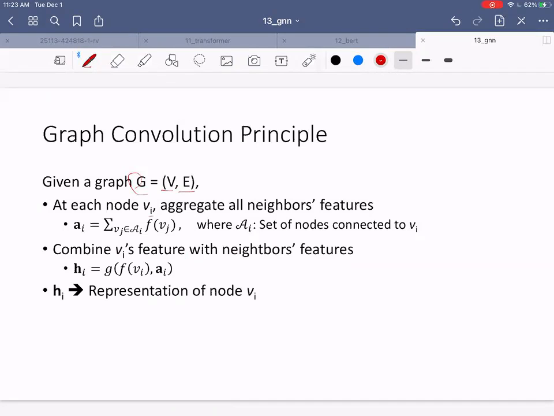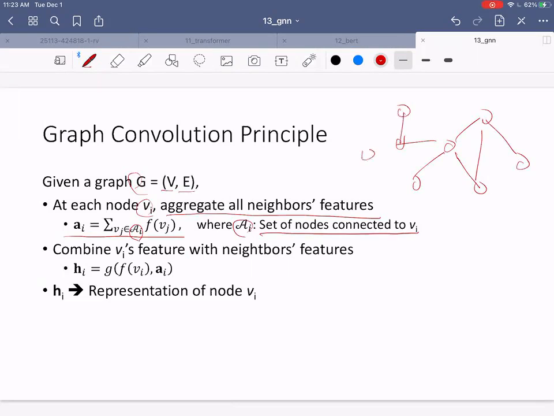At each node Vi, at some ith node, you want to aggregate all neighbors' features, meaning all connected nodes. Mathematically, you could write it like this. Here A_i is the set of nodes connected to the ith node.